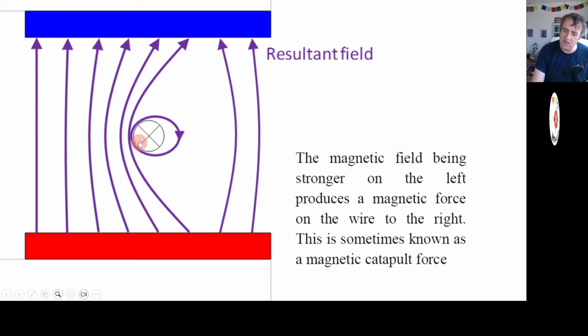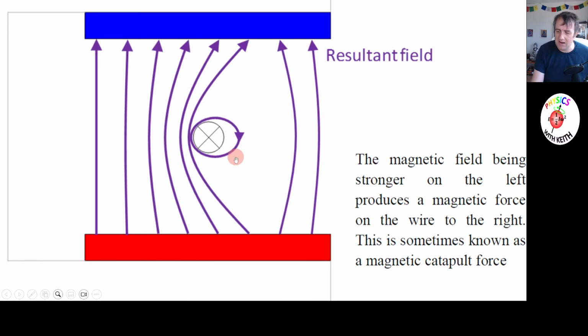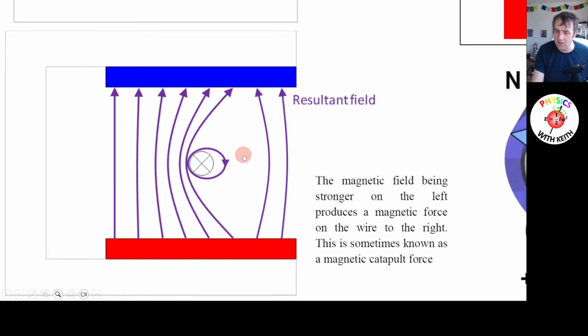Now you'll notice that these field lines are actually curved. Field lines don't want to be curved. That's not the most energetically favourable state. They like being as short as possible, straight lines or small circles, but these field lines continue into the permanent magnet. If I zoom out a tiny bit, there we go.